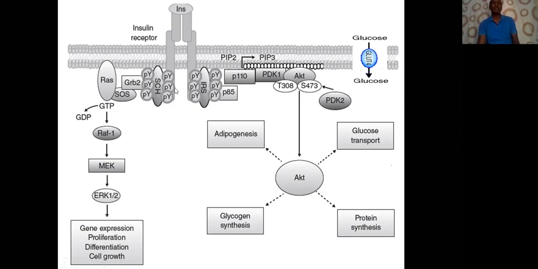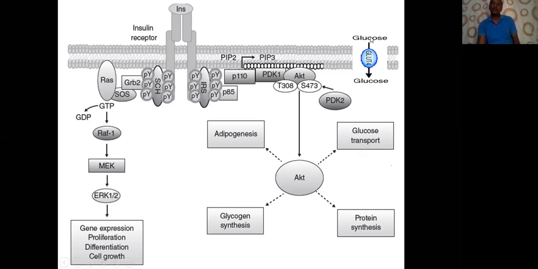So in those cases, glucose will not be transported into the cell, and glucose will not be metabolized in the cell. So you will have elevated levels of glucose in the plasma. This is how type 2 diabetes develops.